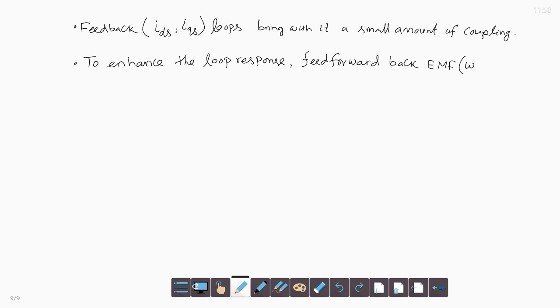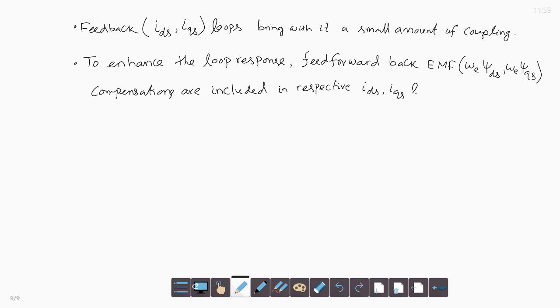Back EMF compensation means omega e psi ds and omega e psi qs are included in respective loops, in IQS and IDS loops.